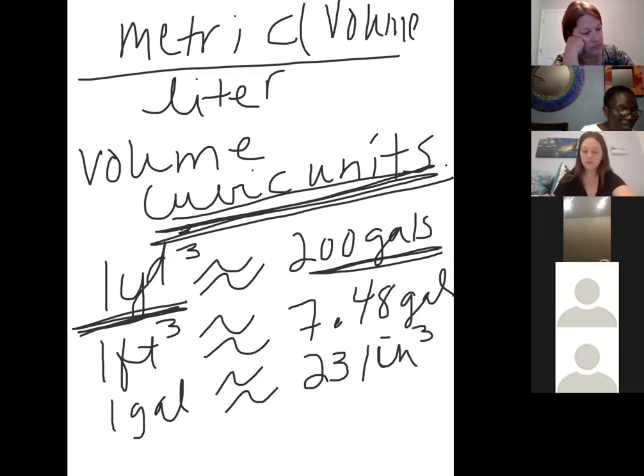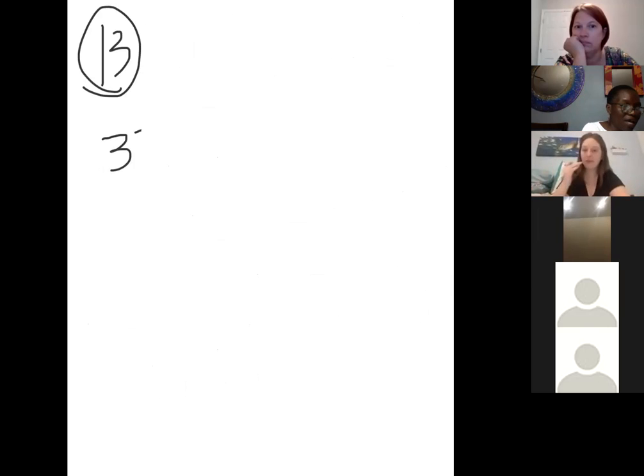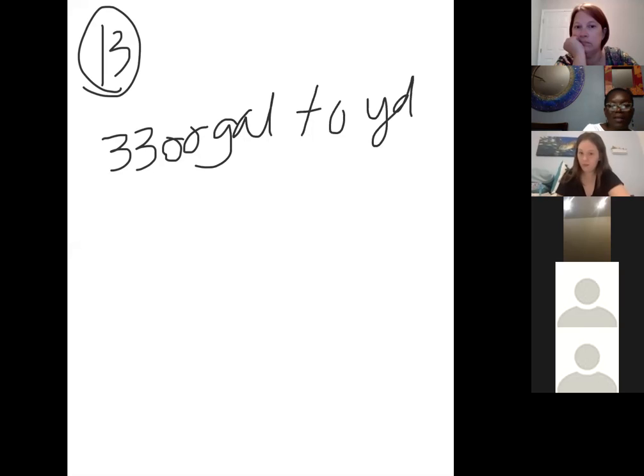Now, for this one right here, I am in number 13, and they want us to convert 3,300 gallons to cubic yards. Now, we're going to multiply this by a unit fraction.